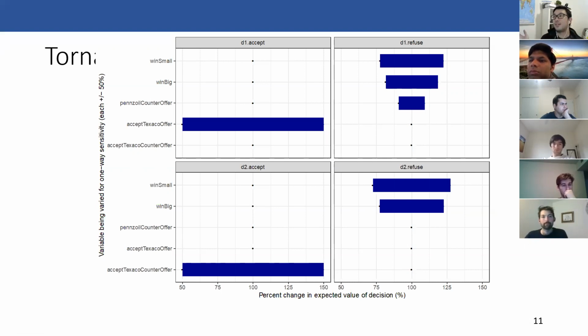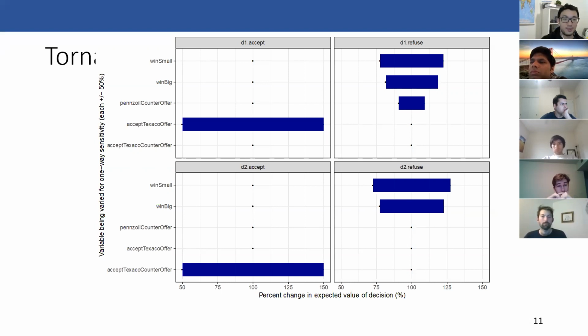And so that's where the tornado diagram name comes from, because the actual graph ends up looking sort of like a tornado. And you can see, for example, in my expected value of refusing a particular decision, the win small parameter ends up being the most important.